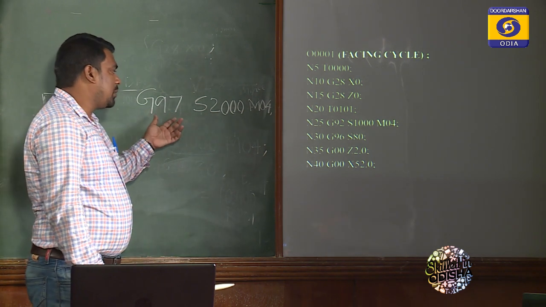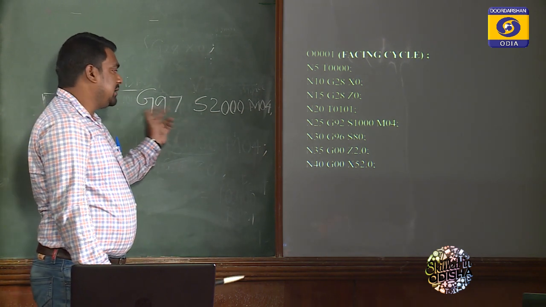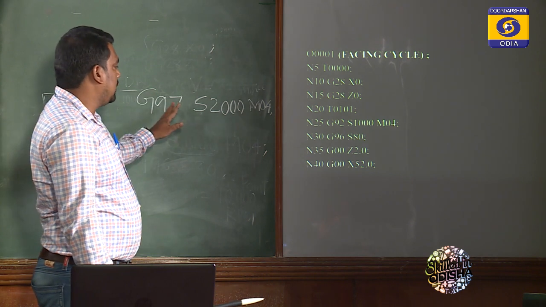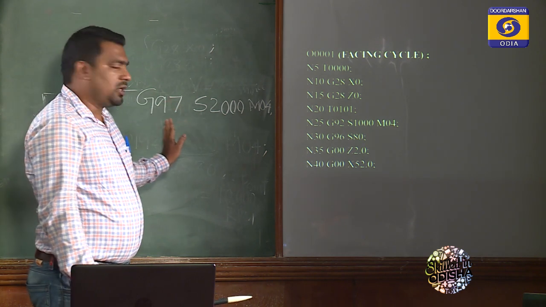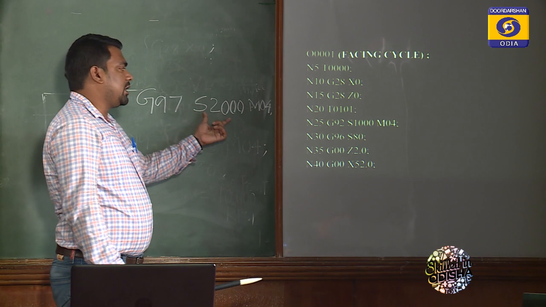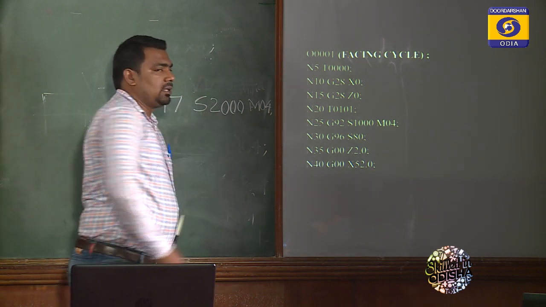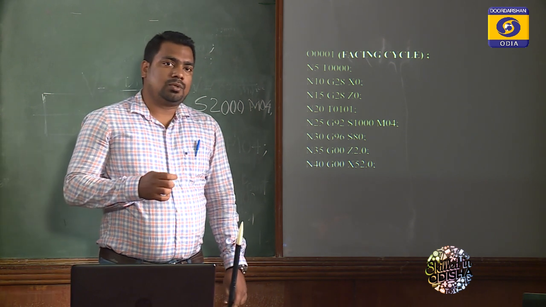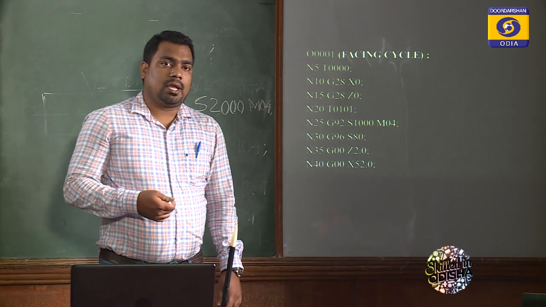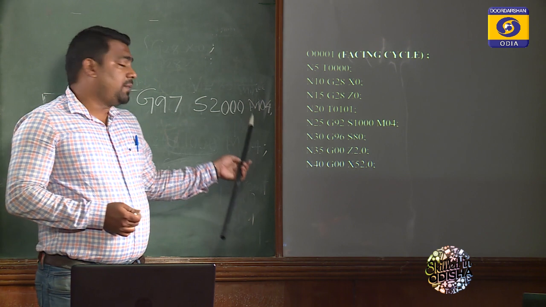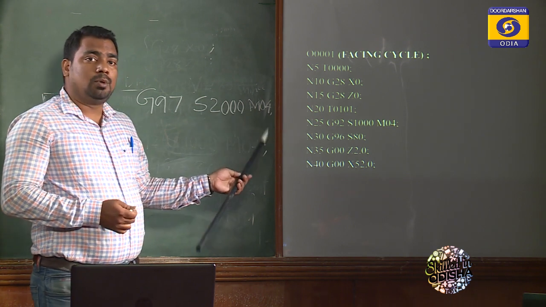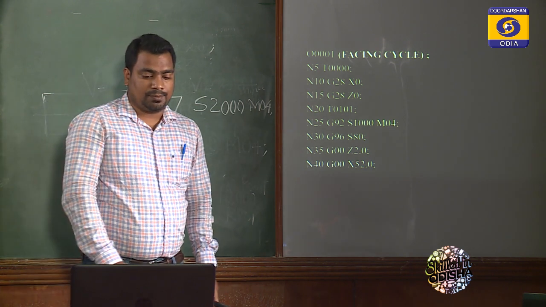By writing this single block, I am defining that whatever the diameter may be, my spindle will rotate at 2000 RPM. And M04 means my spindle should rotate in the clockwise direction. If I write M03, my spindle will rotate in the anti-clockwise direction.